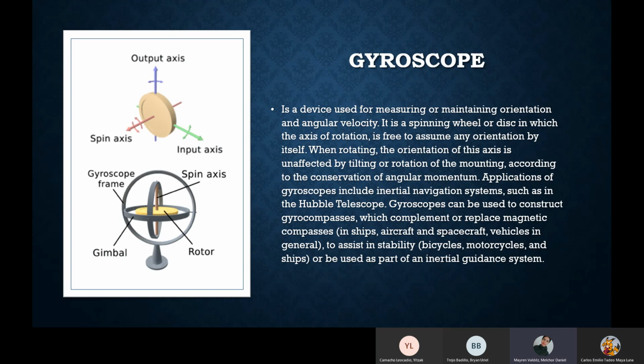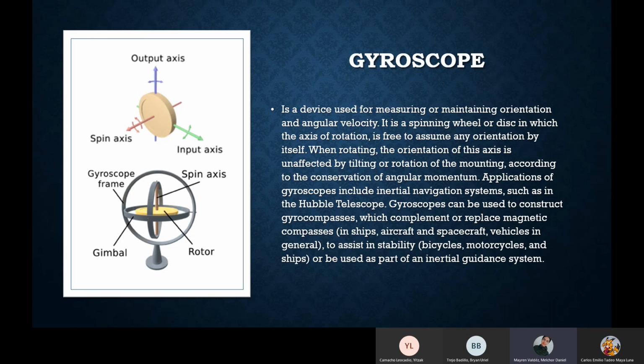A gyroscope is a device used for measuring or maintaining orientation and angular velocity. It is a spinning wheel or disc in which the axis of rotation is free to assume any orientation by itself. When rotating, the orientation of this axis is unaffected by tilting or rotation of the mounting, according to the conservation of angular momentum.